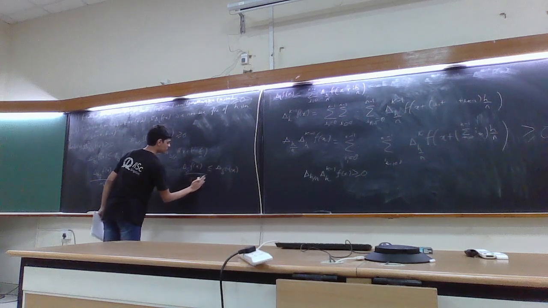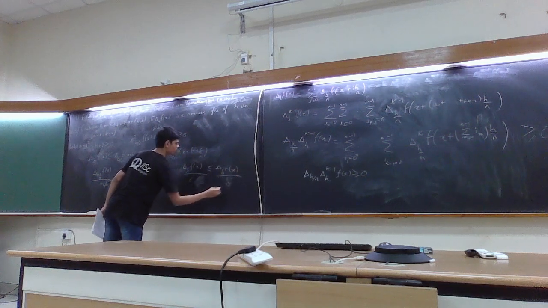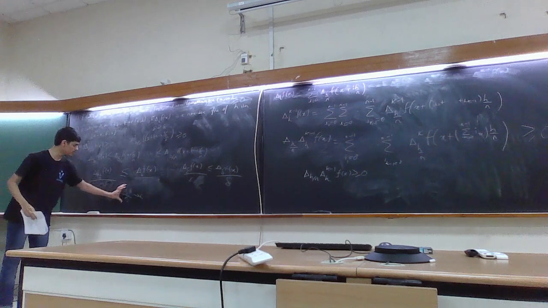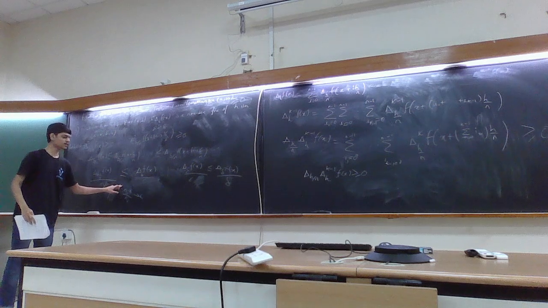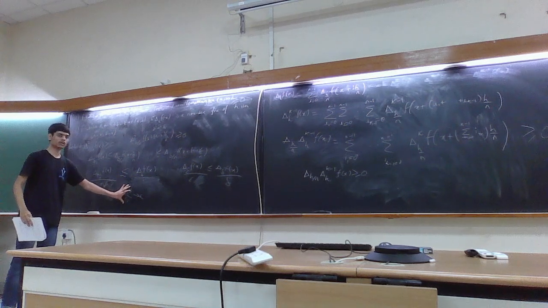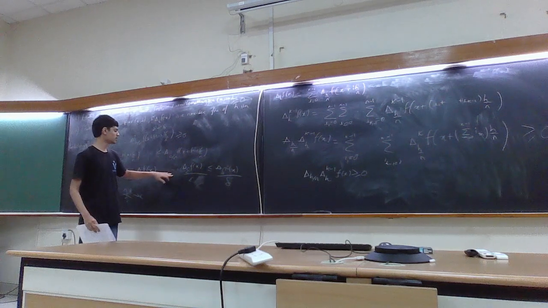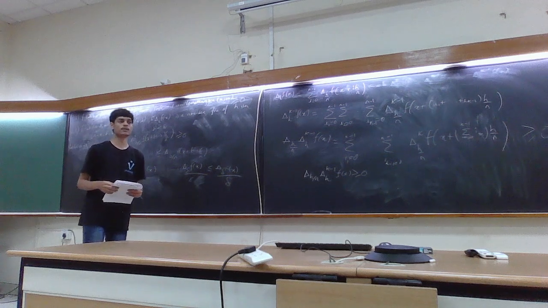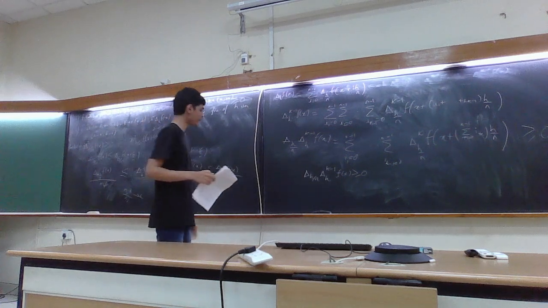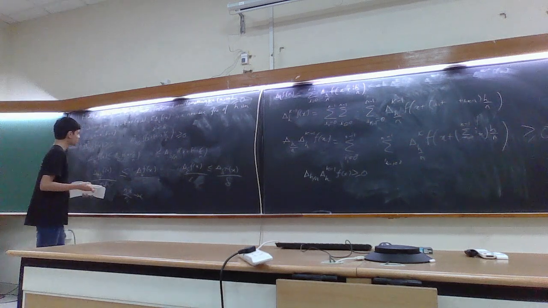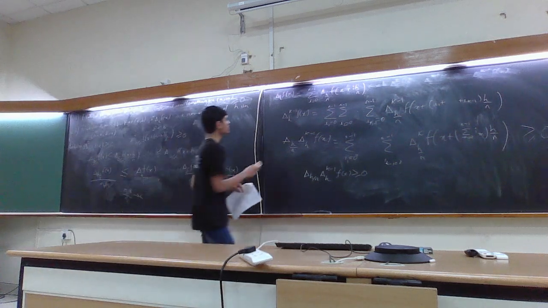You can take this to this side to get what we wanted. And note that since n_i is always greater than m_i, this quantity is less than 1. So epsilon is less than delta. So this condition holds, and we have proved this. This fine? So this was the third lemma.